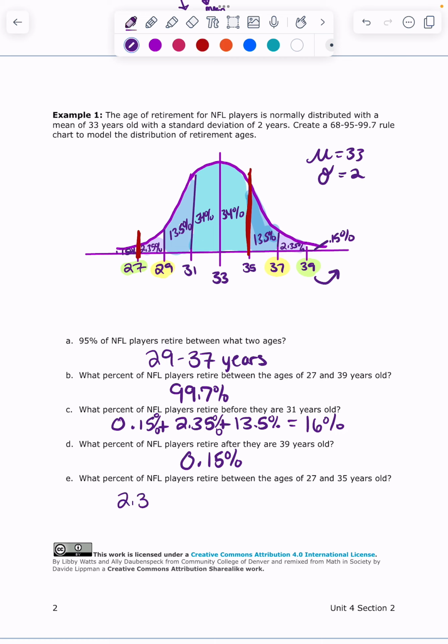We have 2.35% plus 13.5% plus 34%, and another 34%. So let's put that in the calculator and see what it is. I got 83.85%. 27 to 35, yeah.